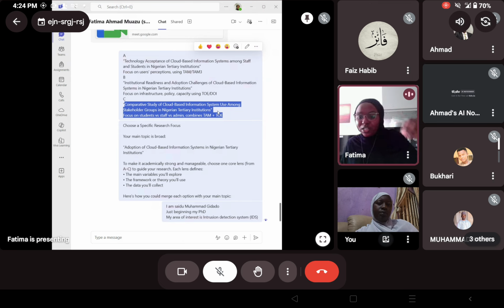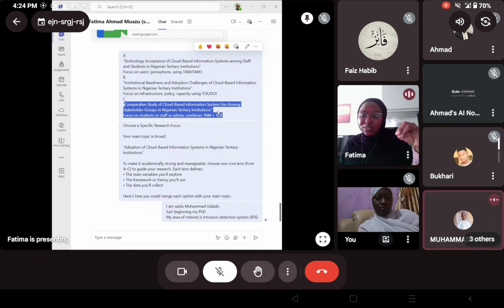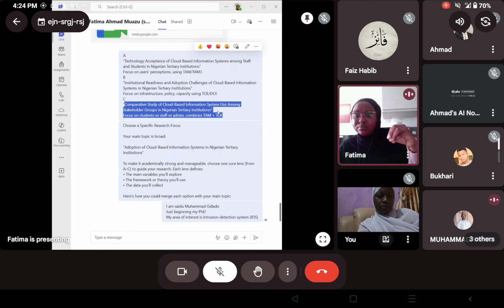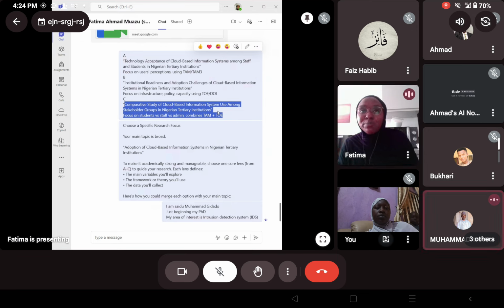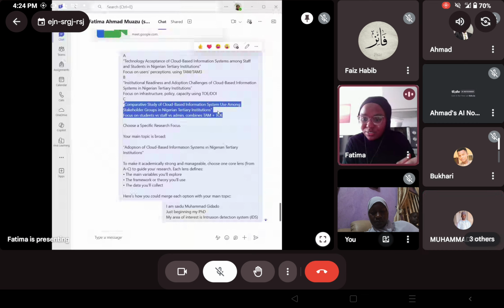Are you trying to compare the adoption of Google Cloud with another one, let's say iCloud, for example? I'm just using it so other people can get the grasp of what we're talking about. Are you trying to compare the adoption of those two, or are you trying to see how to optimize? You get where I'm going? Are you trying to optimize the use of Google Cloud? What ways would you use?